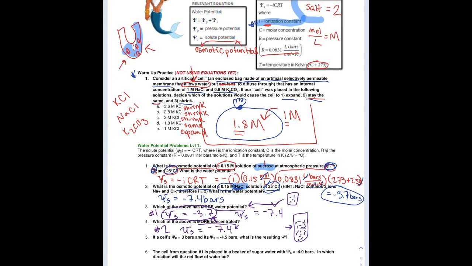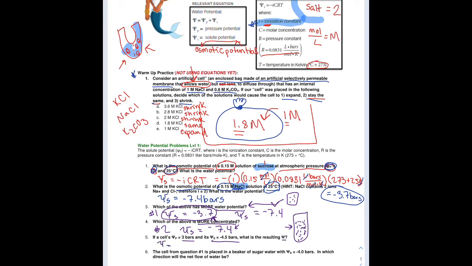Okay. If a cell has a pressure of 3 bars and a solute potential of negative 4.5 bars, what is the water potential?